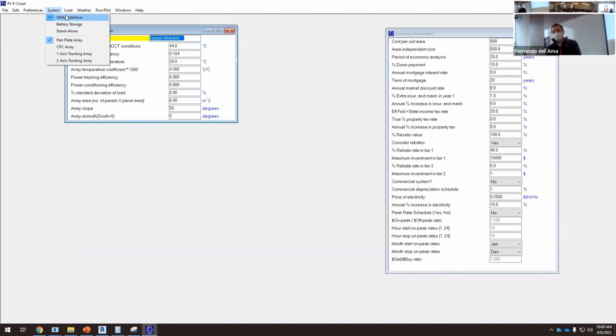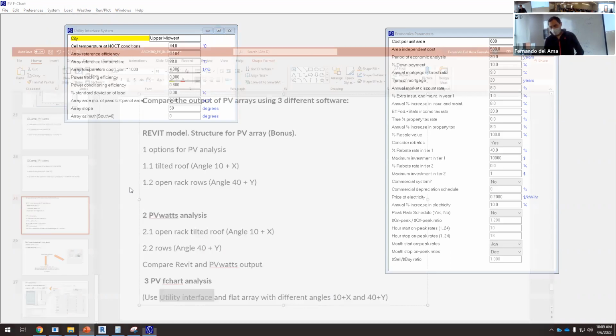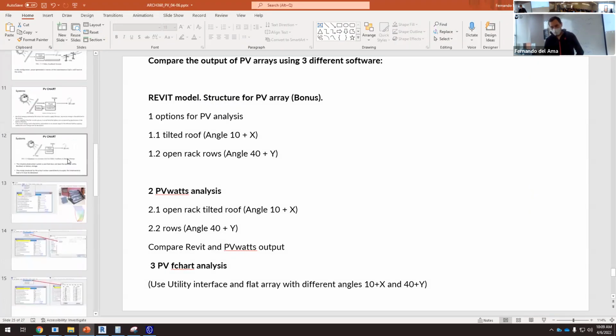Anyway, to make things simple, we're going to use the utility interface. We have the PV array. If we have an excess of energy, we sell it to the grid. If we need electricity, we buy that electricity from the grid. Okay, we don't have any batteries, so let's use the simple one. And then for the flat plate array or the CPC, which is a concentrator, select the flat plate.